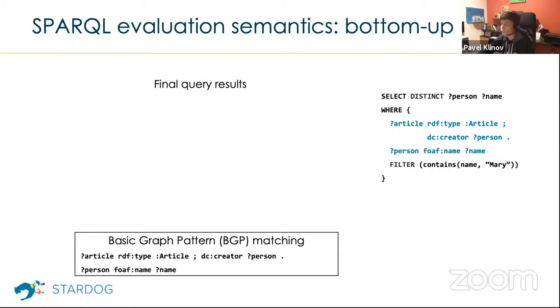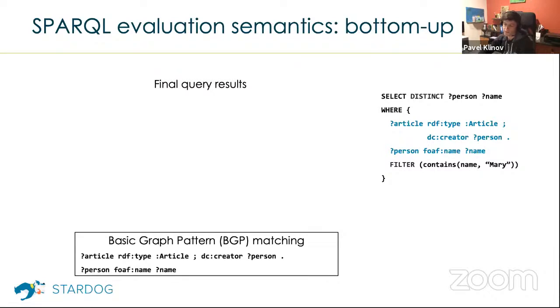The way the specification defines the behavior of this query is that the first thing that happens is that the graph pattern, the so-called basic graph pattern, which consists of three triple patterns here, gets matched against the graph. So this query is going to match RDF patterns of the following form: articles, creators, and their names.